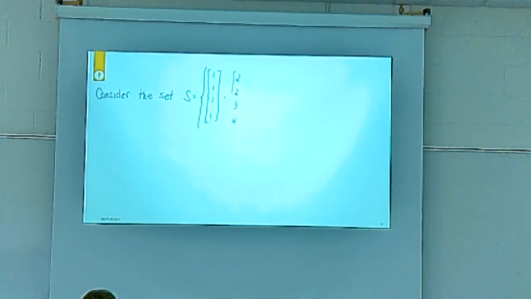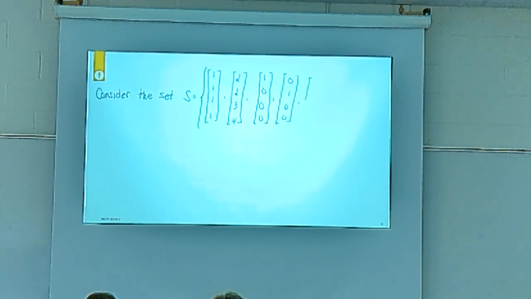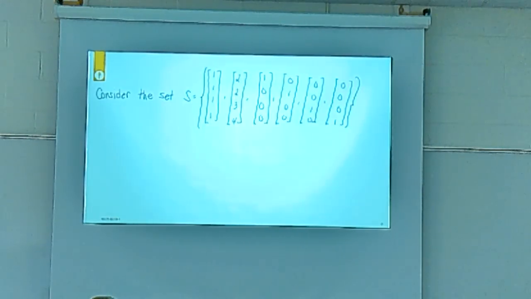And now I'm going to add the vectors from the standard basis of R4. So here's the set that I'm considering.